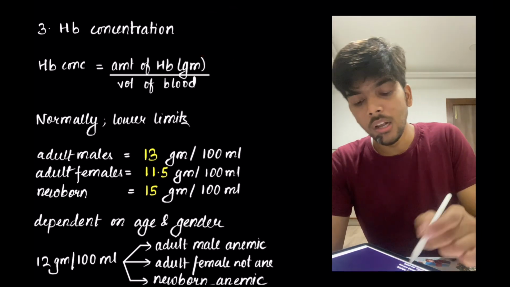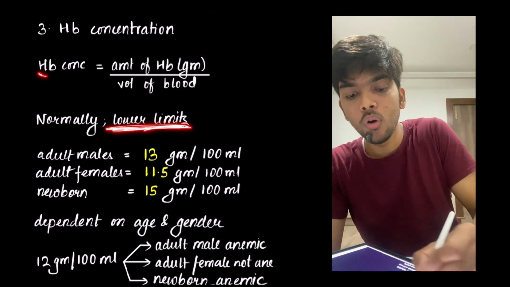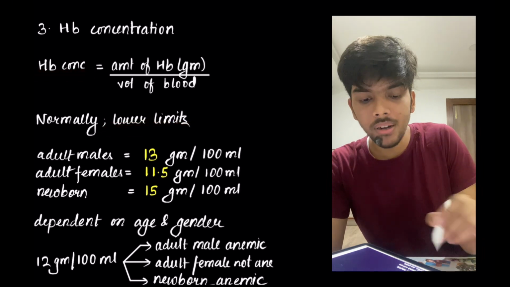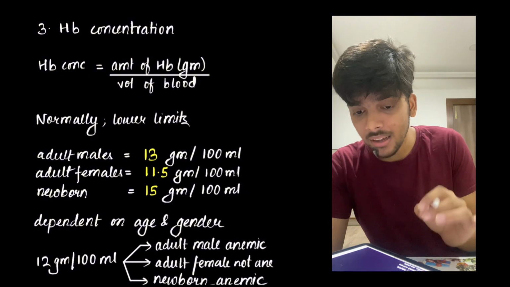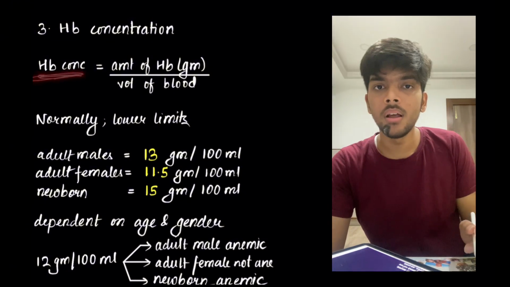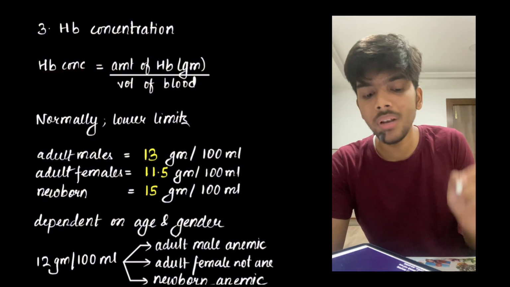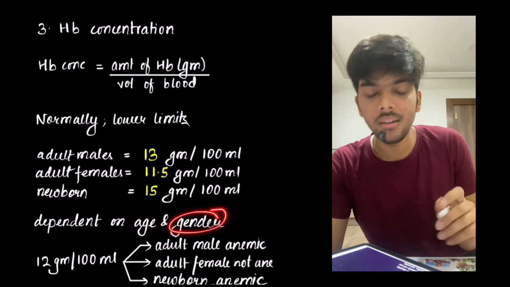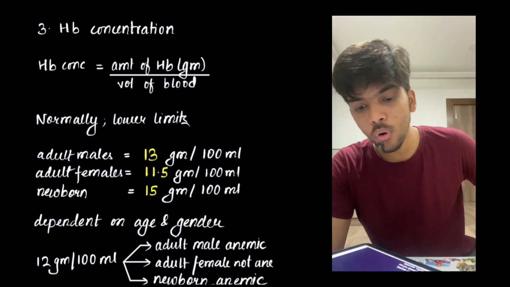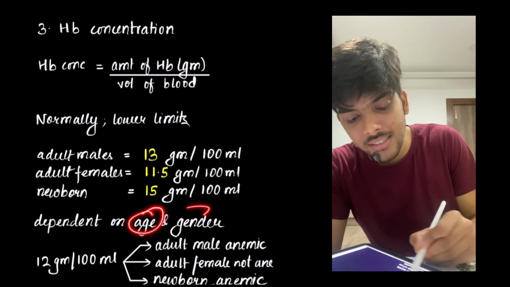Now, the lower limits of the hemoglobin concentration for different age and gender are given right here. From this, I also want to say that the hemoglobin concentration present in the blood of an individual is dependent on two things: the age of the person and the gender of the person. So let's look at the hemoglobin concentration of different ages and genders.